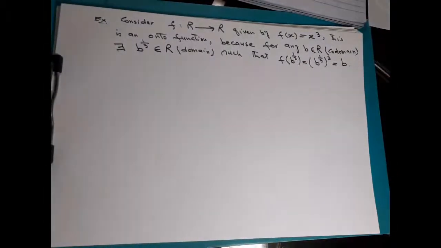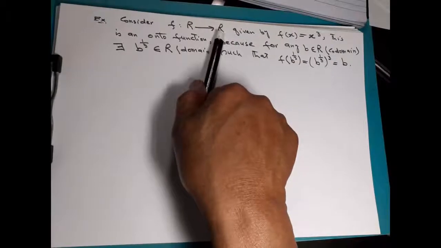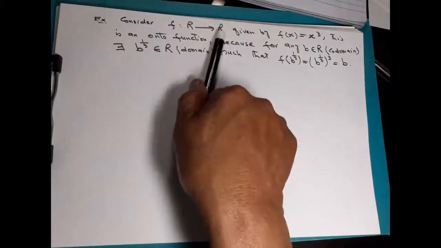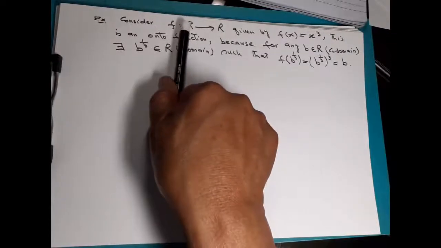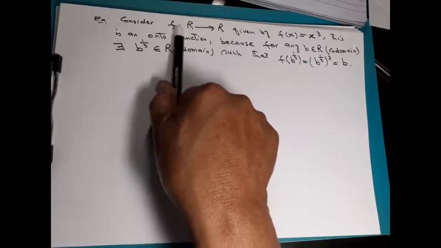So every element of R taken as codomain is image of some element of R taken as domain. So this particular function is onto function.